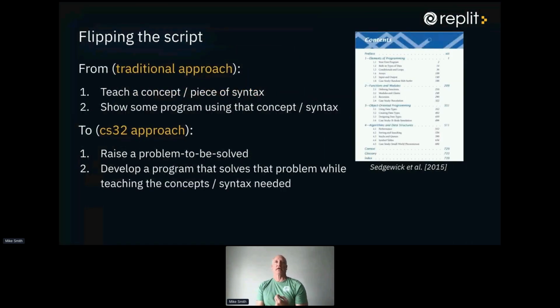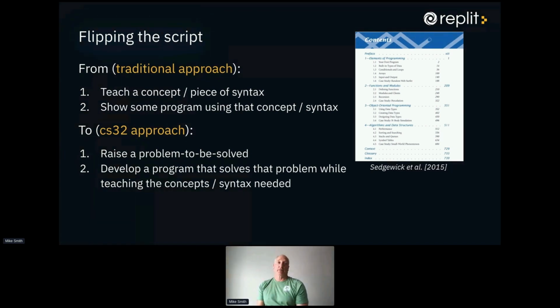So instead of what I call the traditional approach: look, you really need to know this concept, you really need to know this piece of syntax, so I'm going to tell you about it, and then we're going to give you some examples of how it's used, and then we'll give you some program that might be interesting that uses this concept and this syntax. I put it here. I don't know how well you can see it on your screen, but the table of contents for one of my favorite introduction to programming in Python textbooks, by Robert Sedgewick and his two colleagues at Princeton.